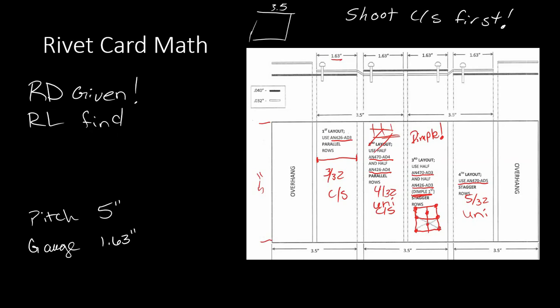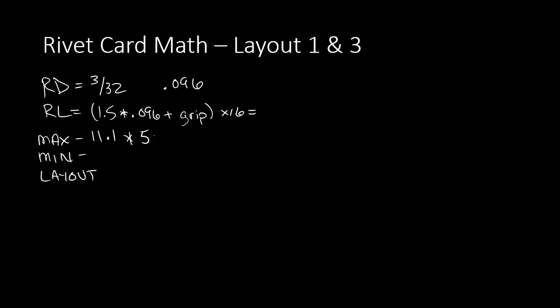Our pitching distance is the longest distance, which is that 5 inches. Which means max, I could have 55.5 rivets, or 55 max.